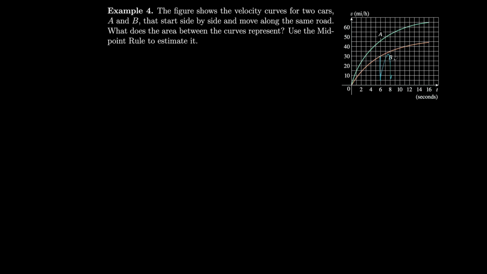Similarly, the area underneath B is the distance traveled by car B from 0 to 16. So that means that the area between these curves will represent the distance between the cars after 16 seconds.